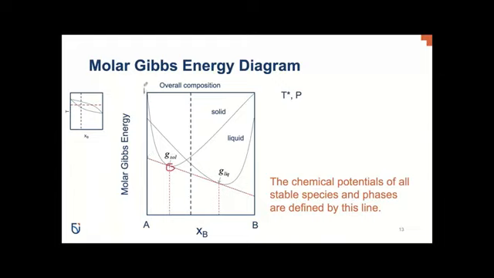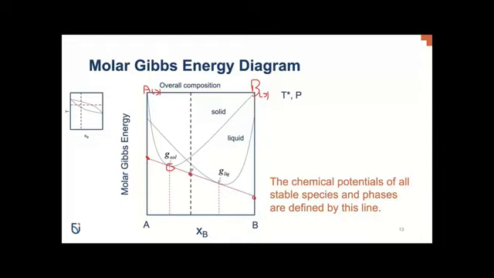Similarly, if this was represented by, let's say, species A within S and then species B within S, the chemical potential of species A within S lies on that line. Similarly, the chemical potential of B within S lies on that line.